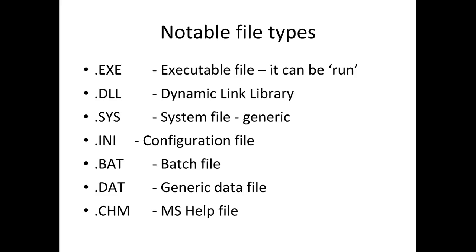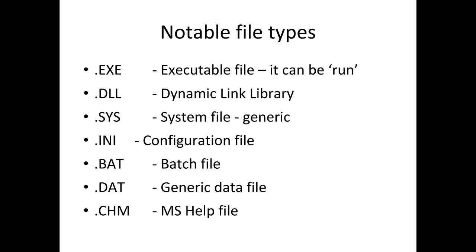There are some fairly standard file types that are denoted by a postfix to the file name. So the dot after the end of the file name, and then .exe tends to be an executable file. It's a binary file. It's something you can execute within the Windows operating system. There's a .dll, a dynamic link library.